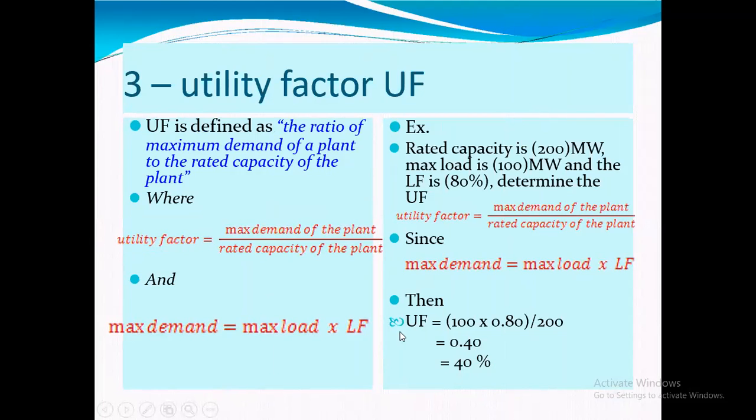That means the utilization factor, or utility factor, of the plant is 40%, if it has a rated capacity of 200 megawatt, a maximum load of 100 megawatt, and a load factor of 80%. By these specs we can find the utility factor in topic 3.